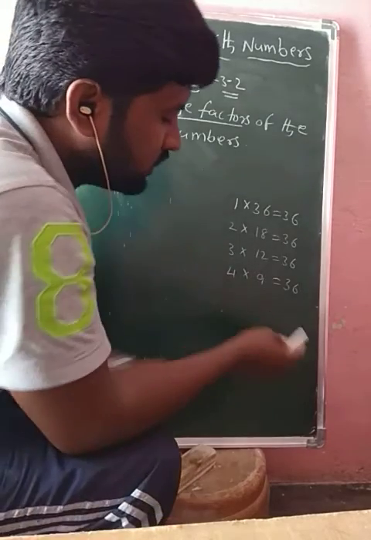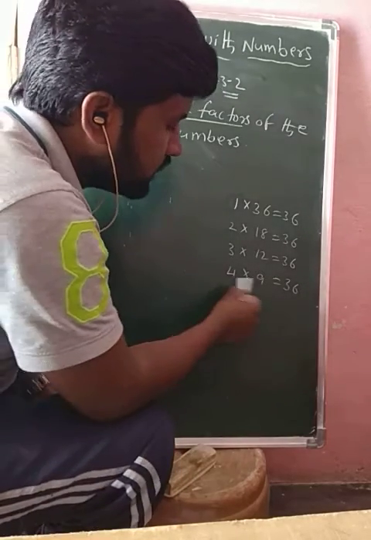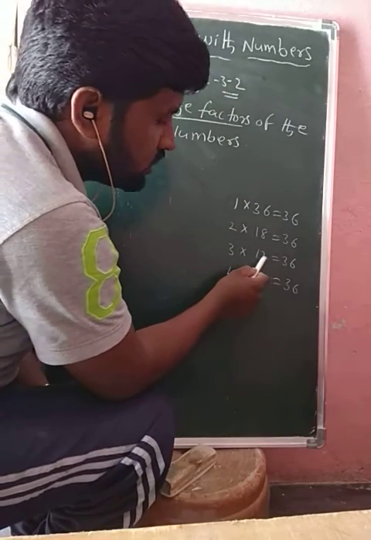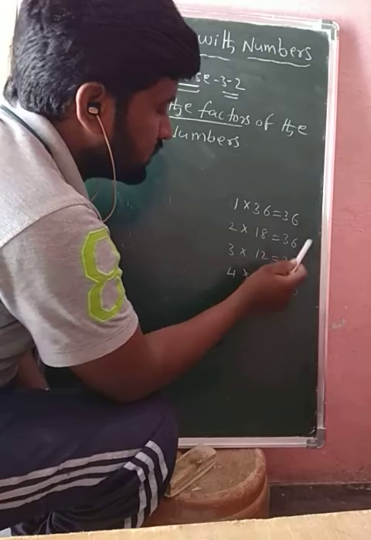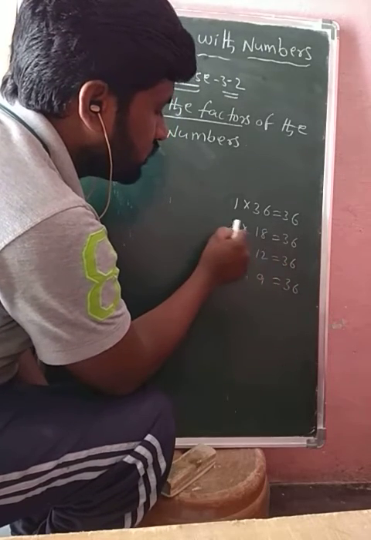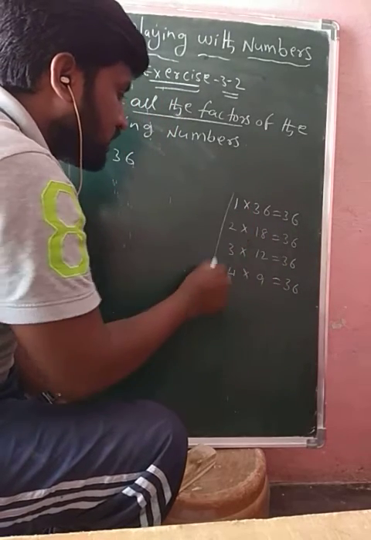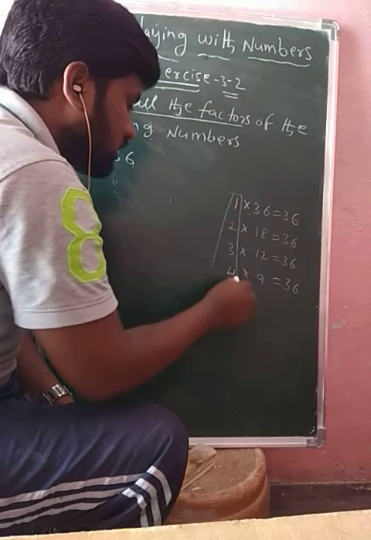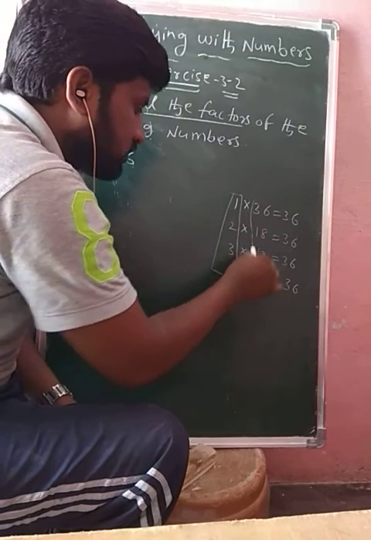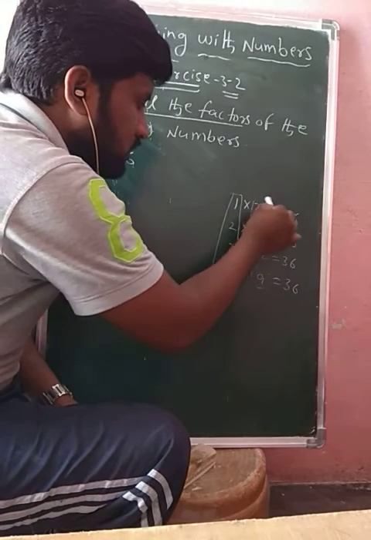Only reverse now. 9 4s are 36, 12 3s are 36, 18 2s are 36, 36 1s are 36. Clearly, the factors of 36 are these. Is that clear?